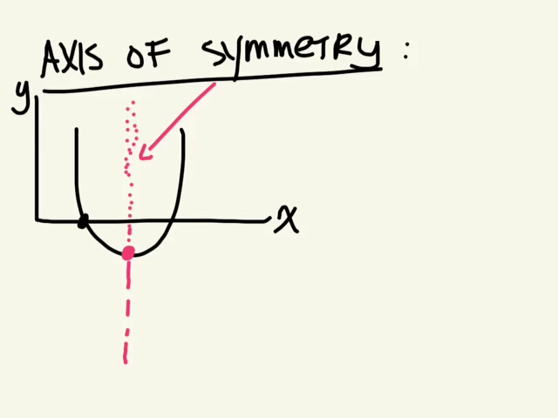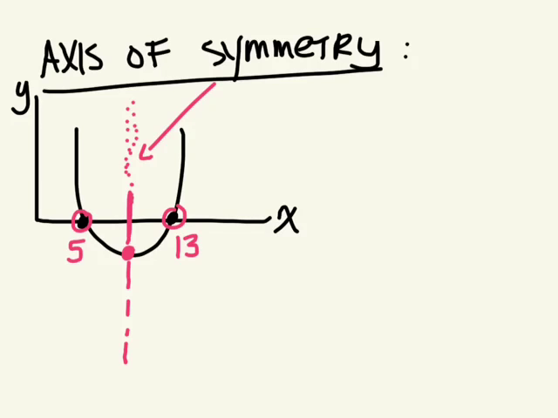I can look at this x-intercept and this x-intercept, right? What do you notice about where the axis of symmetry is located? It's located directly in the middle of my two x-intercepts. It's got to be halfway between those two points, right? So in the example we just did, what were the two x-intercepts? 5 and 13. Well, if I want to know where the axis of symmetry is, I need to find the halfway point between those two points.